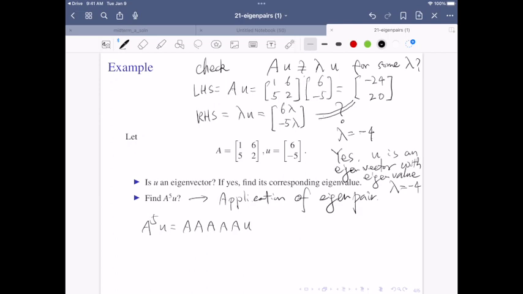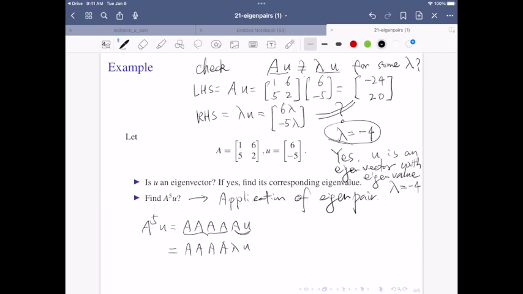So what we do is first we do A u. We know that Au is lambda u, where lambda is -4.